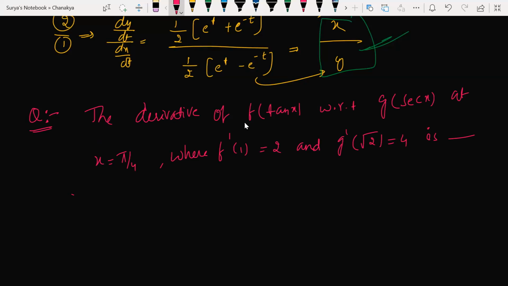Option A: 1 by root 2, option B: root 2, option C: 1, option D: 0.